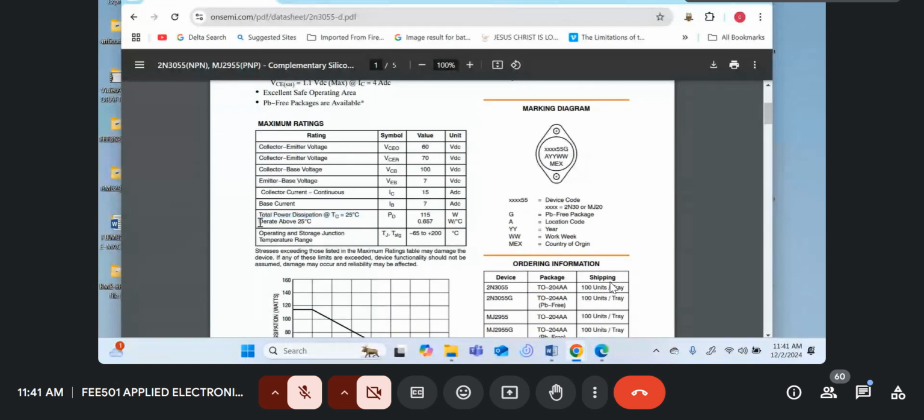Otherwise, you're told to derate above 25 degrees centigrade at a rate of 0.657 watts per degree centigrade. So this 0.657 is actually how much the power must be reduced if you don't put a heatsink on the device.